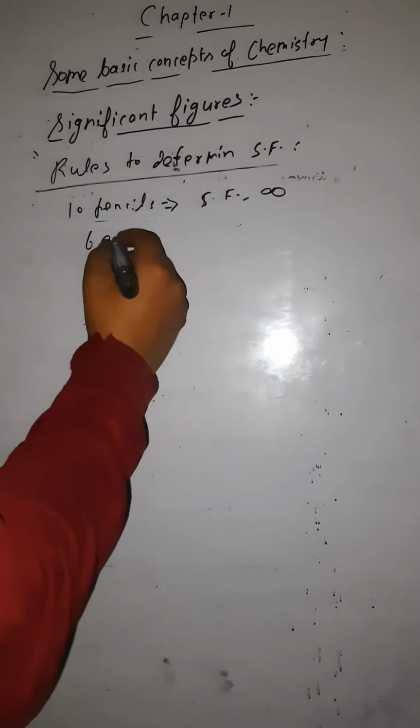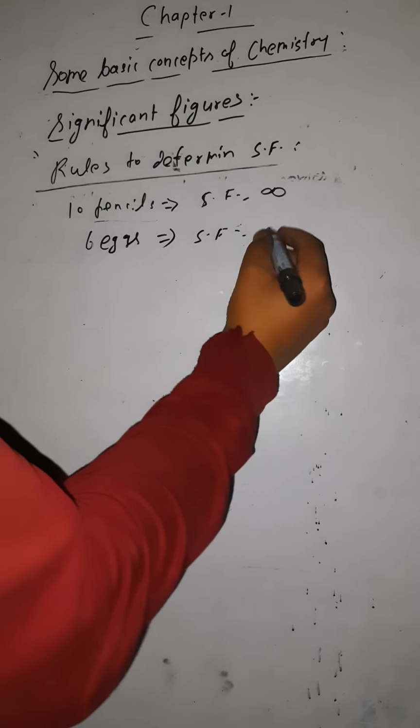Yes. So if I am writing 6x, how many significant figures here? You would write that there are an infinite number of significant figures. Are you getting it? So this was your rule number 5.